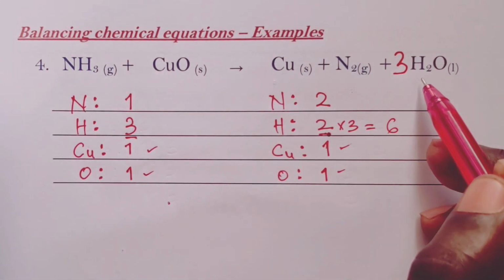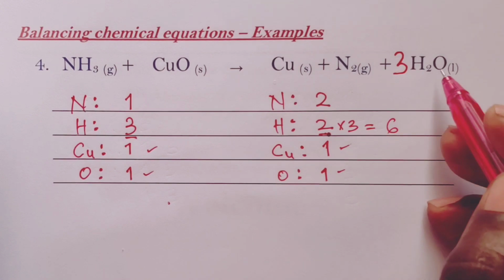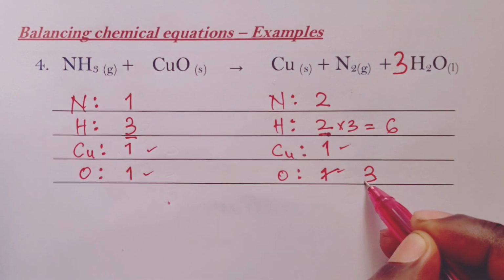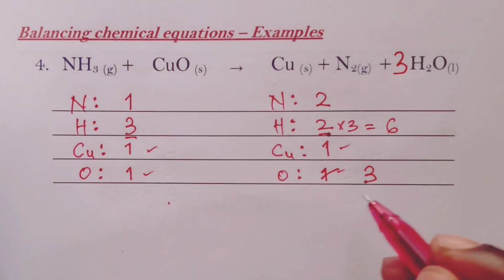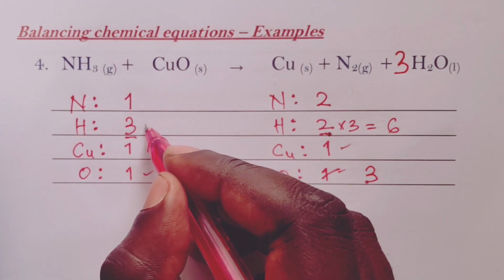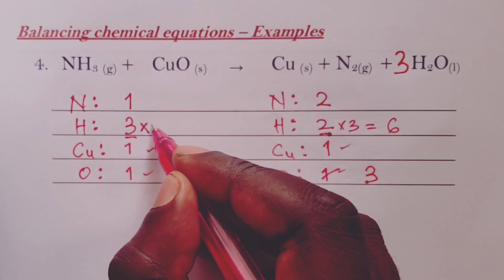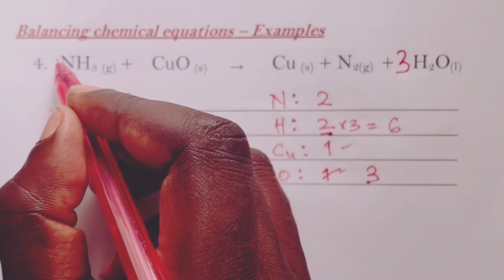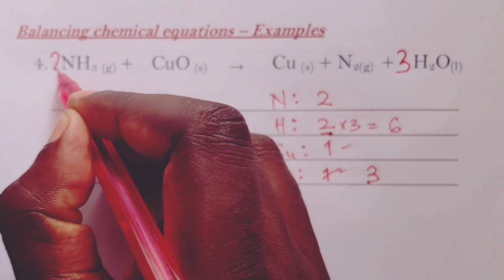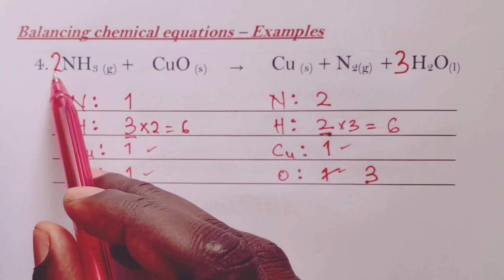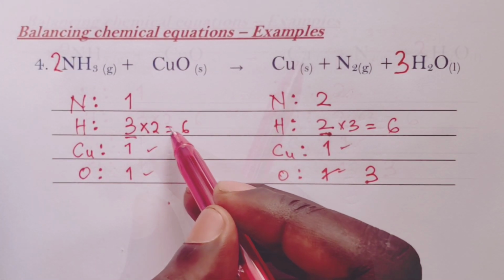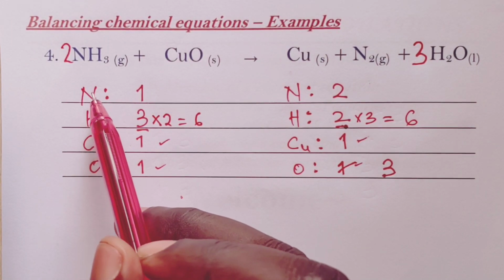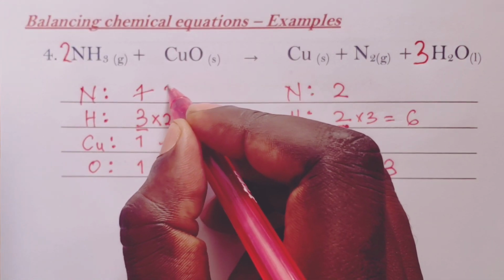When I put a 3 here, hydrogens are 6, yes, but you realize the effect of 3 on oxygen, instead of 1, they'll now be 3. Moving to the left, I again need 6 on my hydrogen, so I'll multiply this by 2 to give a 6. So that means I'll put a 2 on ammonia. When I do so, hydrogens are 6, yes, but I've also affected nitrogen. Instead of the original 1, they are now 2.